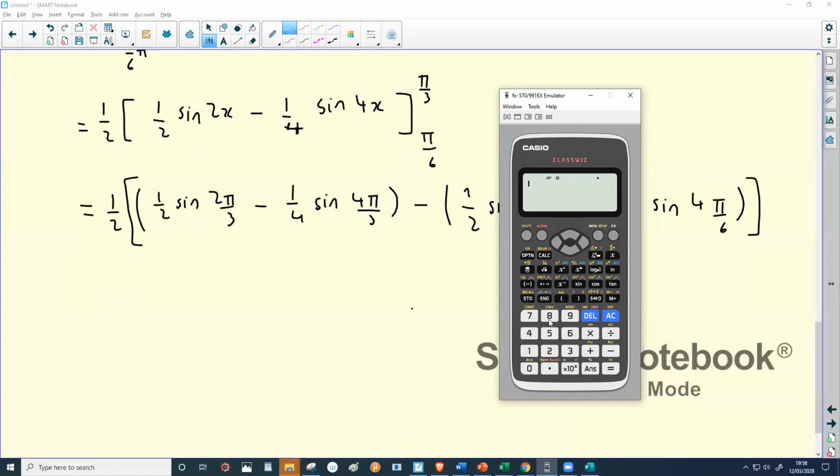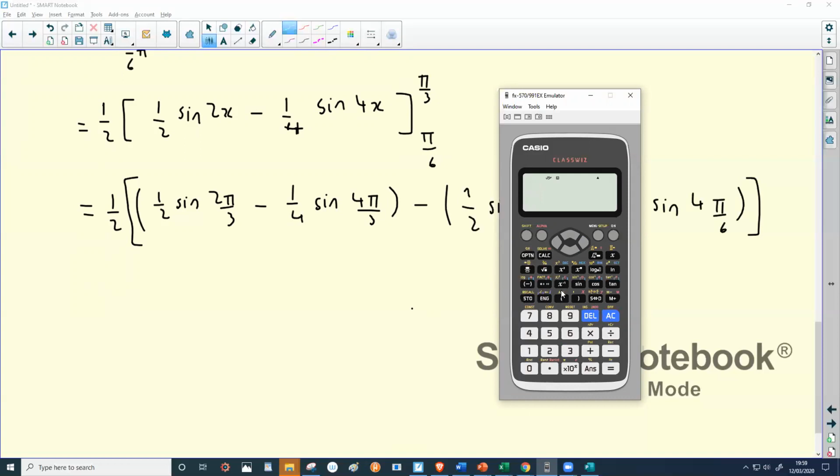And I'm going to do one bracket at a time. I don't like putting the whole thing in there. And actually what I do like doing is storing the input as alpha A. So for example, I'm going to write pi over 3 and I'm going to store that in A. And you're going to see the benefit of why I've done that in a second.